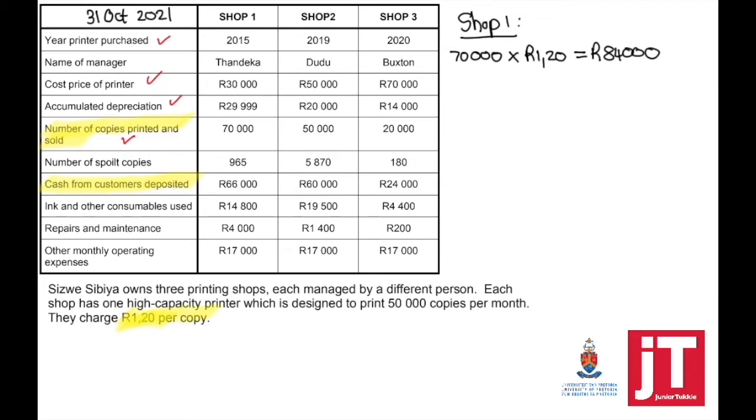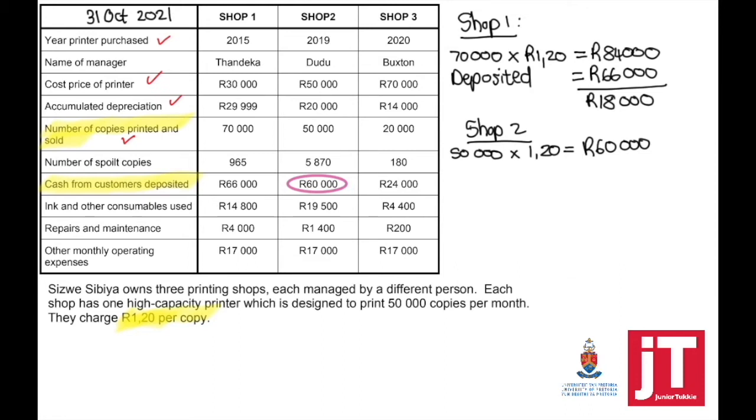At R1.20 per copy, it means they should have received 84,000. If we look at the cash from the customers deposited, they've only deposited 60,000. So there's a shortage, a deficit of 18,000.